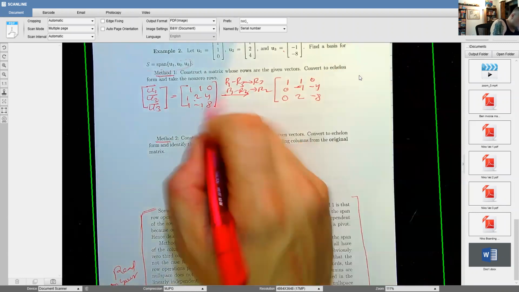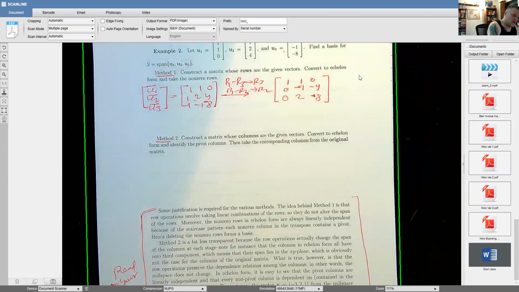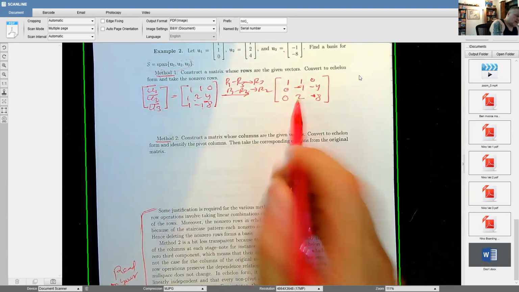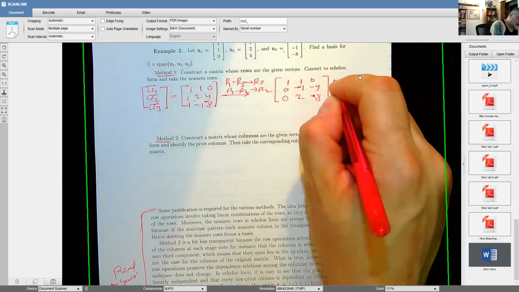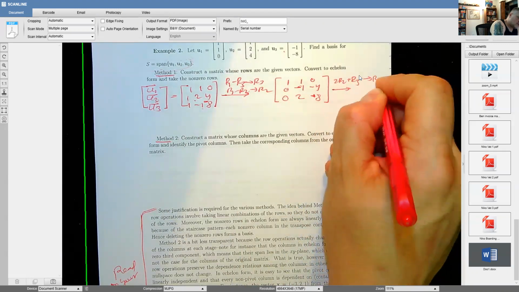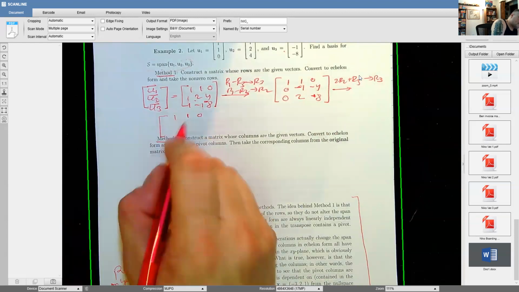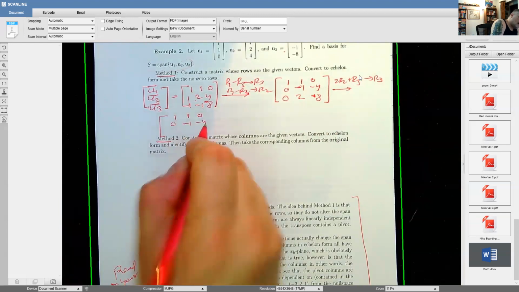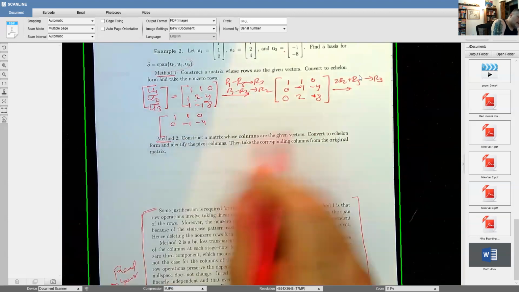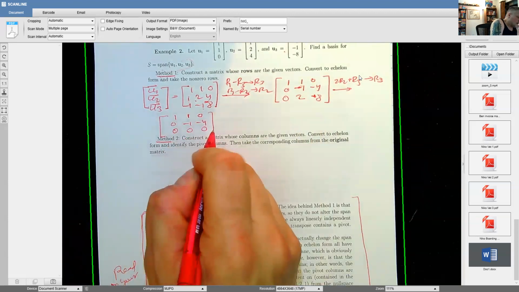Oh, that should be a -8, I'm sorry. So that's +8. All right, sorry about that. And then now I want a 0 here, so I'm going to multiply row 2 by 2 and add it to row 3 and put it into row 3. And so if I do that, I still have that row, but here I'm going to get a 0 row.